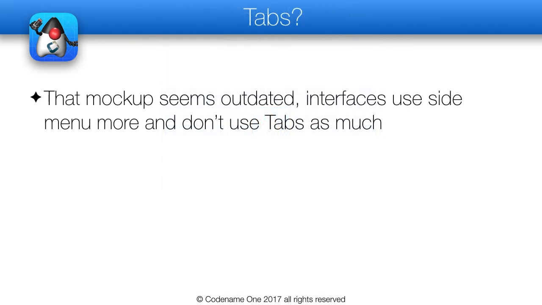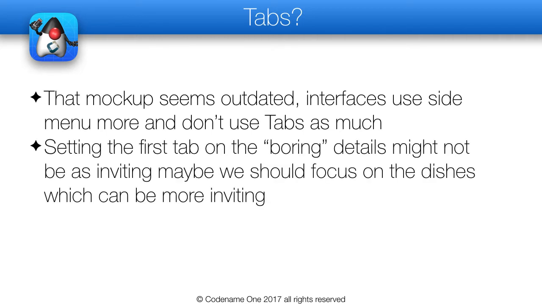The thing is that this was a bad direction. Once I drew that, it became relatively clear that this isn't what I want. I left it because I think it's useful for you to see the path I took to reach the end result. The other issue is the boring details stuff.